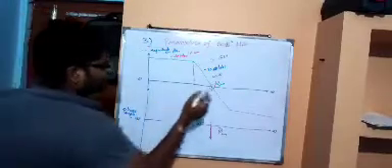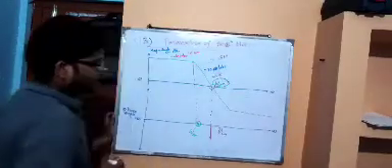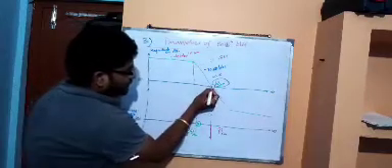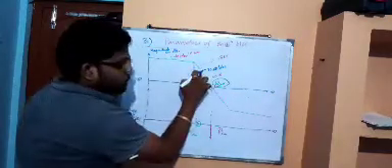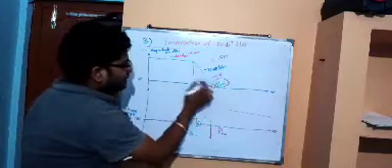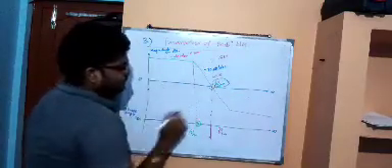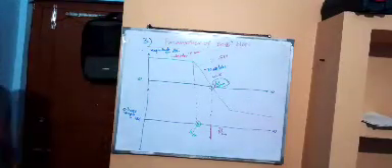This is the definition of this thing. Clear? I am repeating one more time. The frequency at which the gain crosses the 0 dB reference line is known as gain crossover frequency.